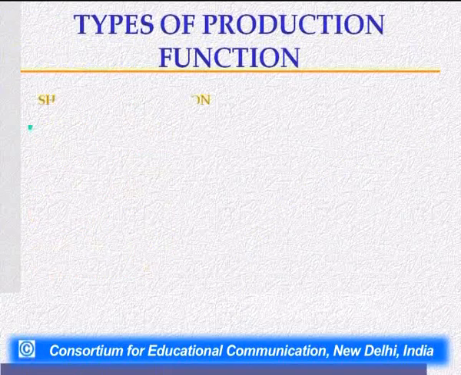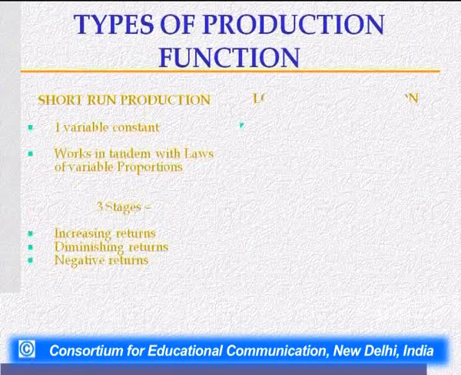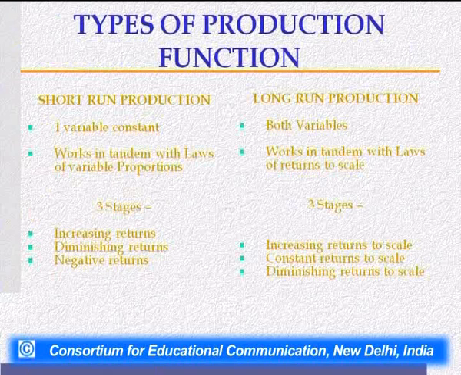Now, types of production function: the short run and the long run. We are all aware of the short run. We have a very limited period of time, whereas in the long run we have time to expand our production capabilities and our infrastructure. So, here you can see the types of production function.